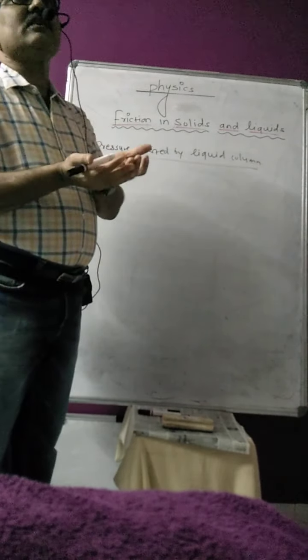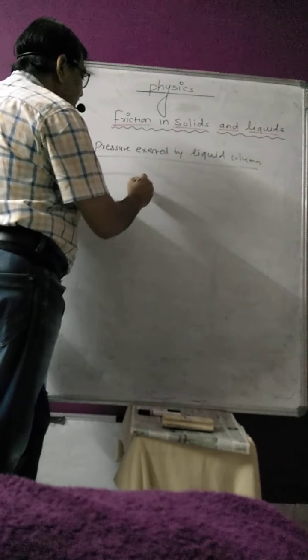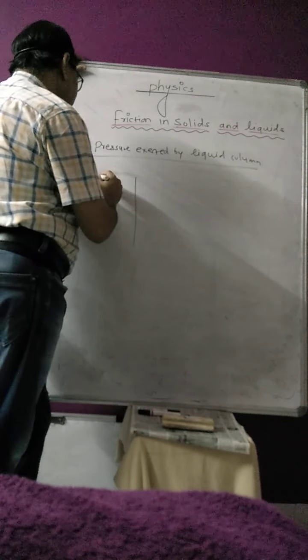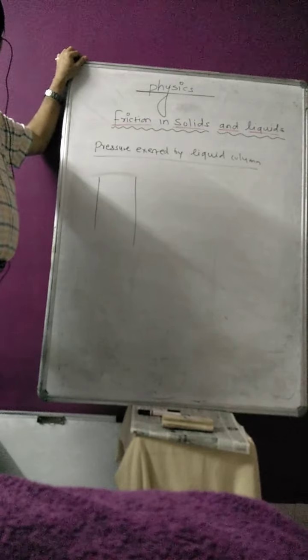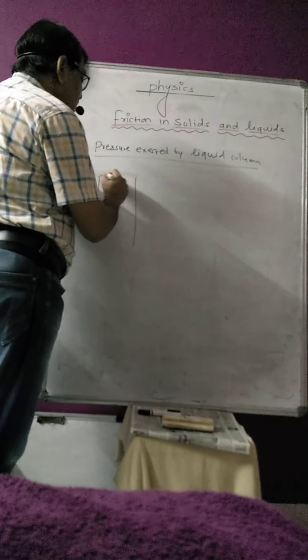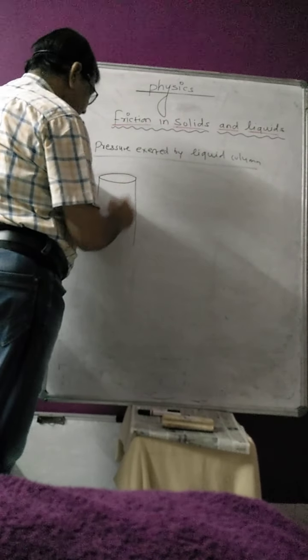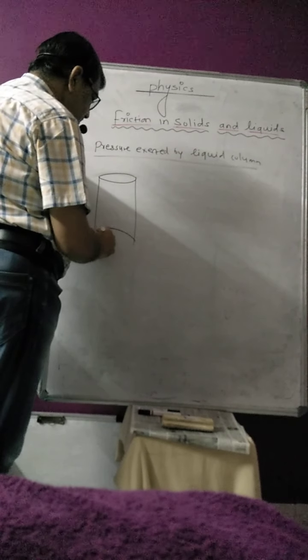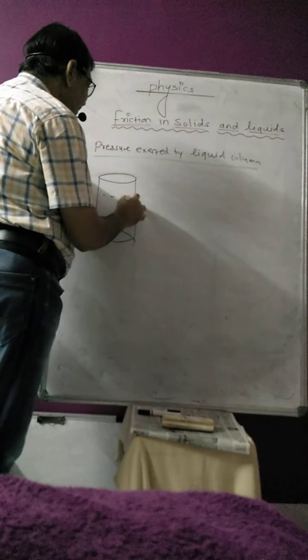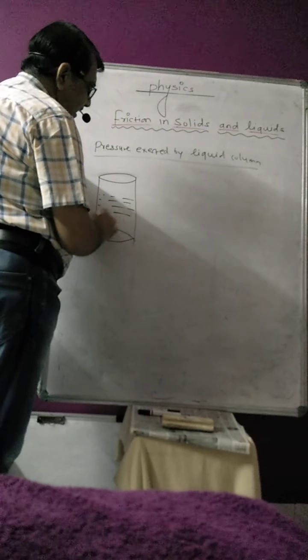If I want to find the force exerted by the liquid column on the container, I first have to consider a container. The shape of the container will be like this. Here I will fill water into that container.